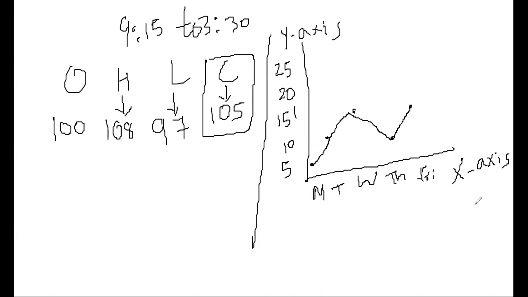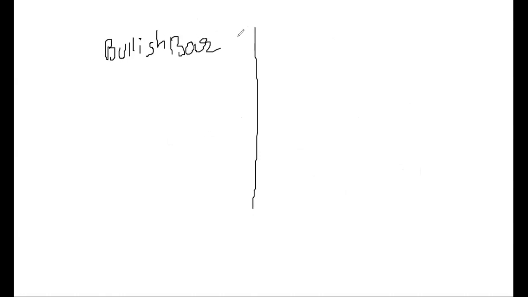Now let's move to bar graph. So there are two kinds of bar you will get in technical analysis. Number one will be termed as bullish bar, and number two is bearish bar. Let's first understand the bullish bar.